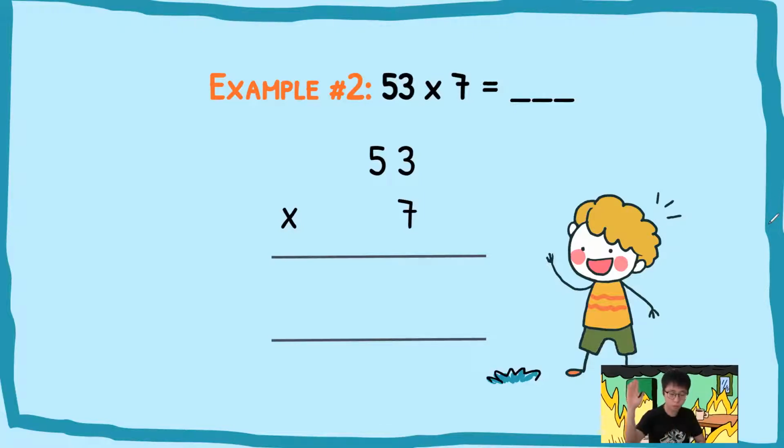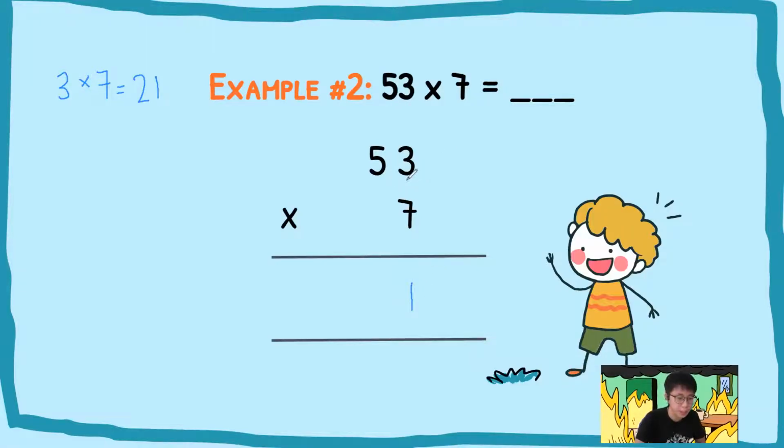So right to left. Okay. So 3 times 7 equals to 21. Okay. Over here, we will write the number on the right first. Right? So it's number 1.